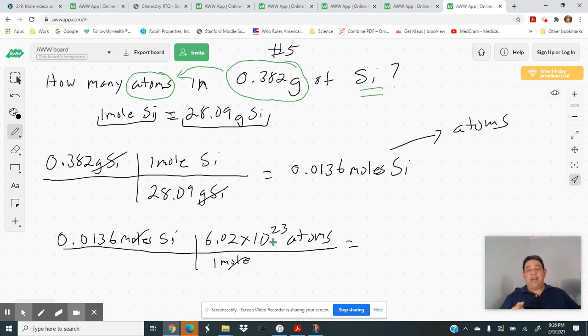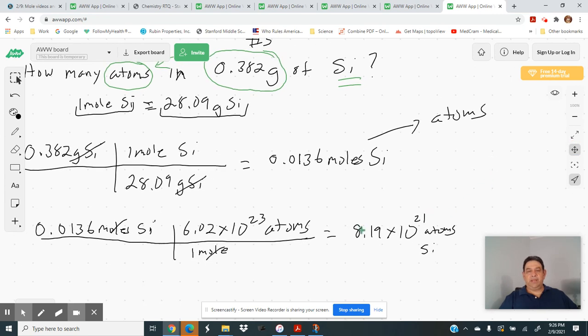That's still a heck of a lot of atoms, right? It's only 382 milligrams, not even a gram, a third of a gram. And in that third of a gram, there are 8.19 times 10 to the 21st atoms of silicon. And there is your answer.